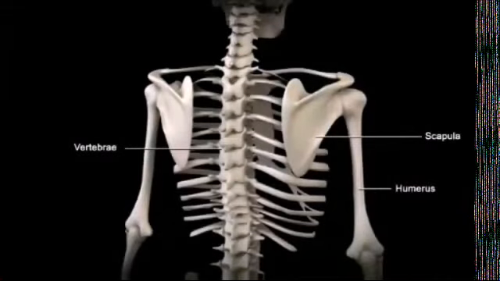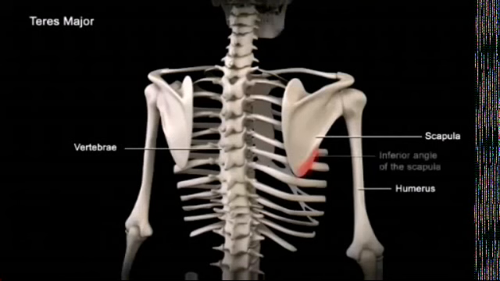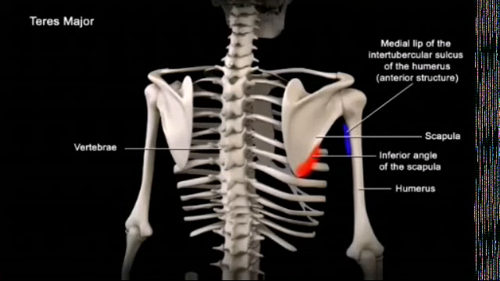Opposing the flexor muscles are the shoulder extensor muscles, which are primarily the teres major and latissimus dorsi. The teres major muscle originates on the inferior angle of the scapula and inserts on the medial lip of the intertubercular sulcus of the humerus.